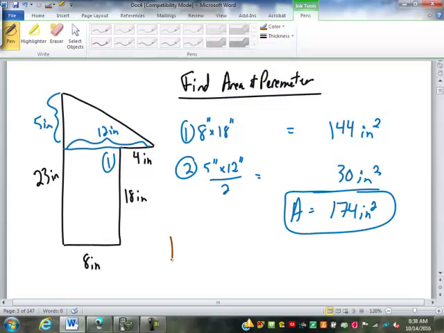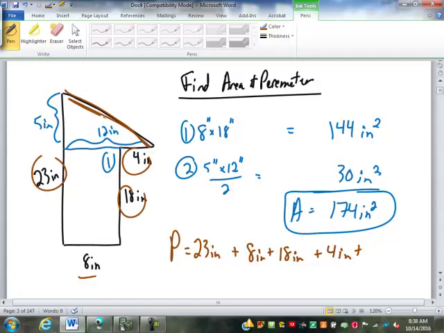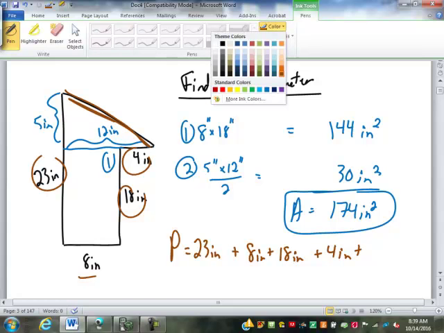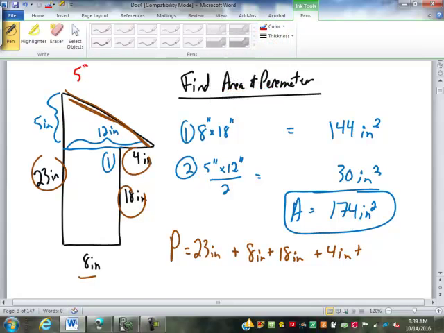Perimeter, we've got 23 inches here, plus 8, plus 18, plus 4. We need to know that length. That length, 5 squared plus 12 squared equals, we'll call that C squared.